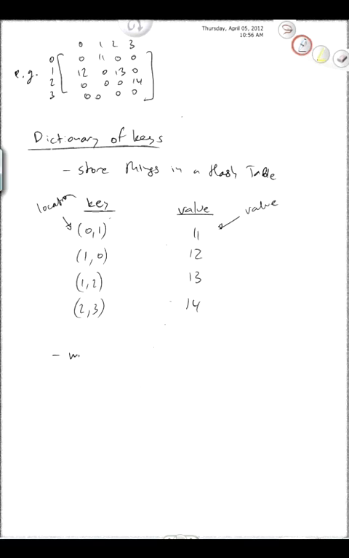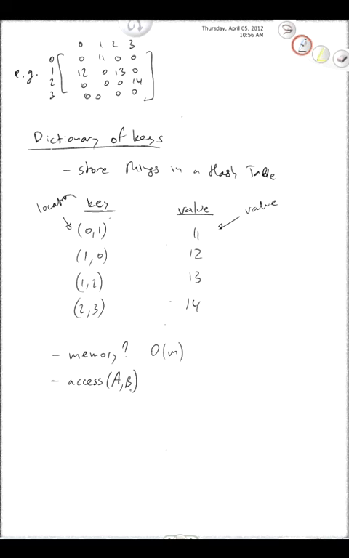So let's ask our 3 questions, which is how much memory does this dictionary of keys format take? Well, it takes O of m memory, because now all we're doing is we're just storing the non-zero entries. So all the zeros disappeared. What about access?